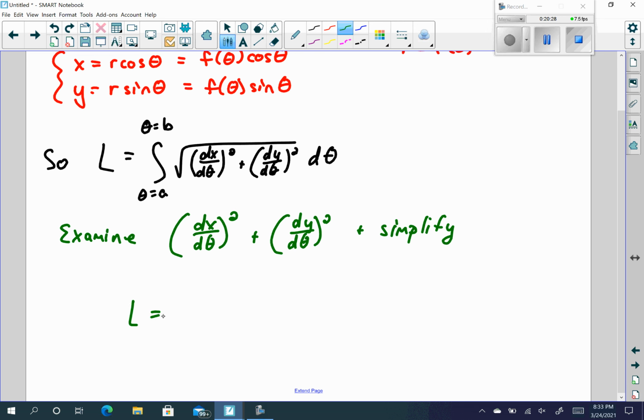So without boring you with the details, we could jump straight to the final simplified version of this. So it is the integral from theta equals a to theta equals b of the square root of r squared plus dr over d theta squared d theta. So that's going to be our formula for arc length. So let's go through an example.